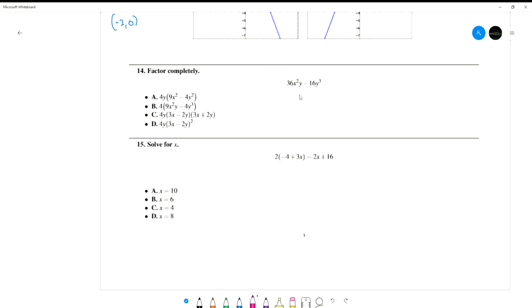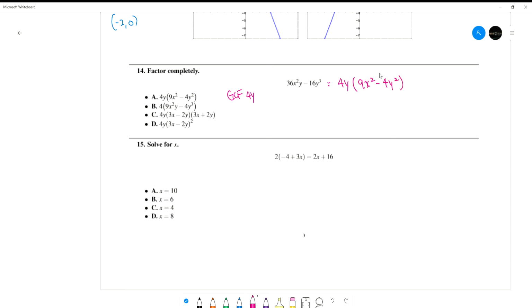Okay, so we have to factor. I see GCF. Remember, always look for a GCF first, right? That way, it'll make your life a little easier. So I see a GCF of 4y. So let's factor that out. So I got this is equal to 4y, and then you get 9x squared minus 4y squared.